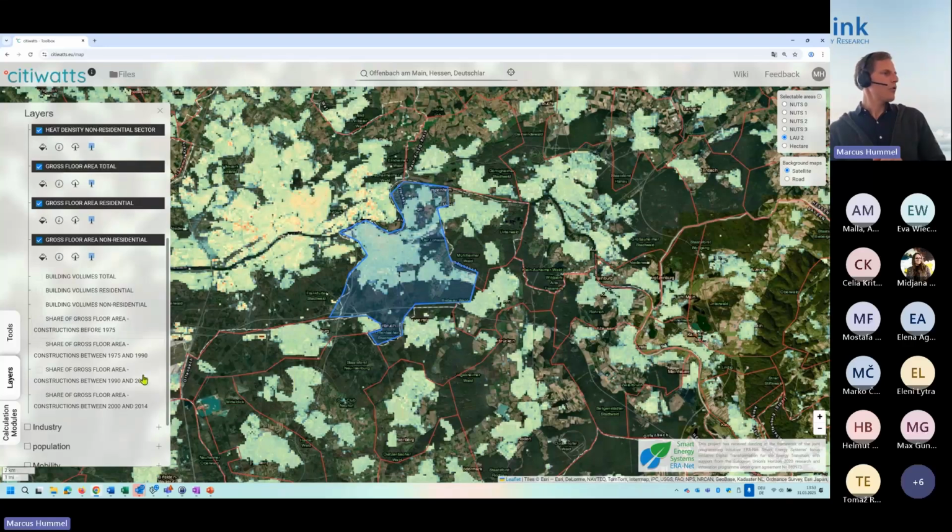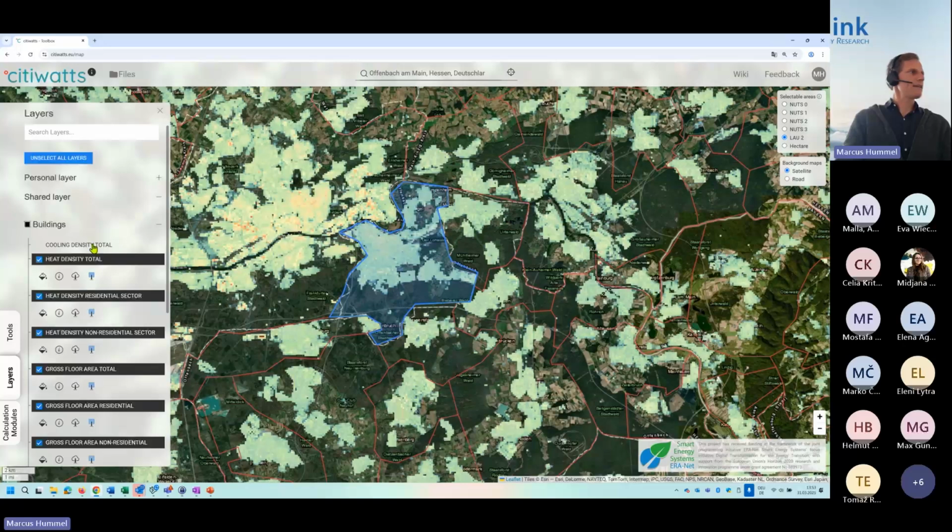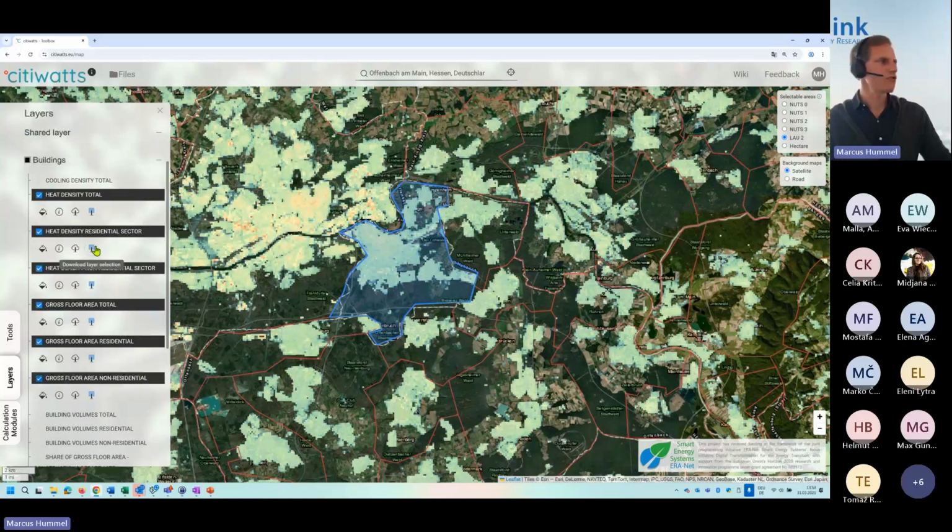And what you also have is a split of that gross floor area, the share of gross floor areas in different construction periods. And we did that for 4 construction periods: before 1975, between 75 and 90, between 90 and 2000, and between 2000 and 2014. And that is important also to understand later the demand projection module.